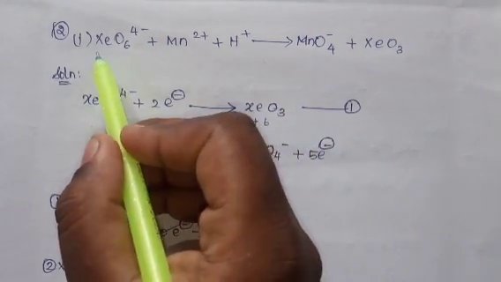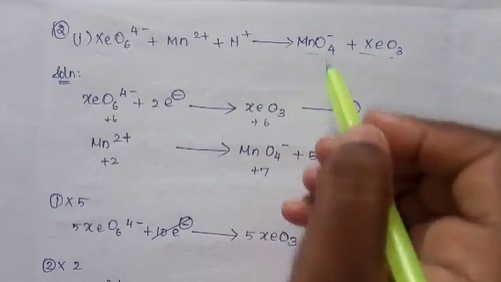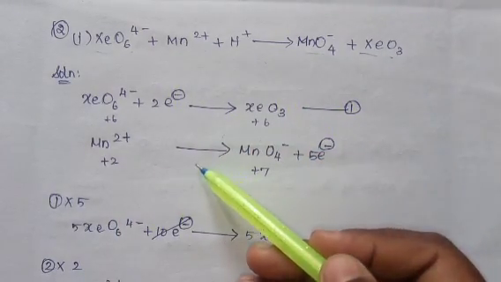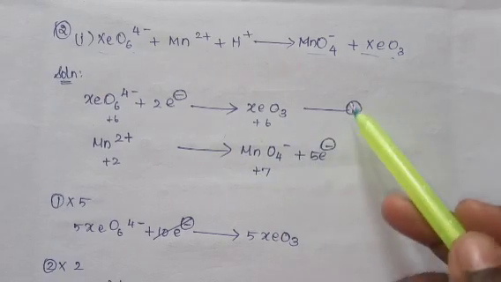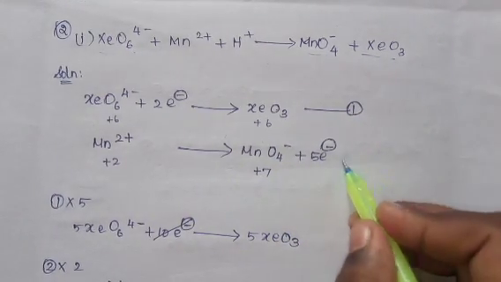First we have to take only Xe separately and then Mn separately. Taking that separately we get the first equation, then this is the second equation.